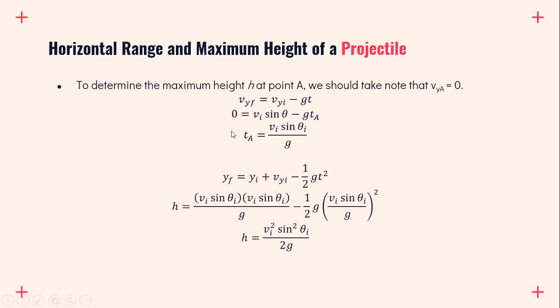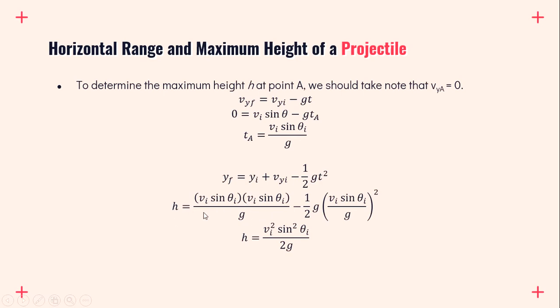So substituting this value into this formula, we get yf is equal to yi plus vyi t minus 1/2 g t squared, and our h is equal to yf minus yi.